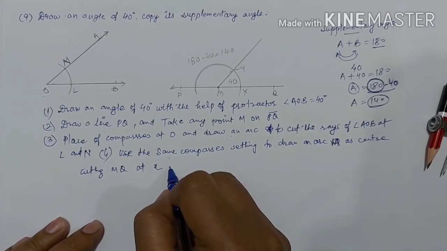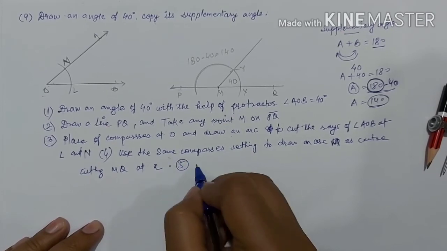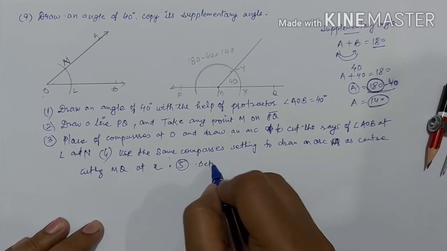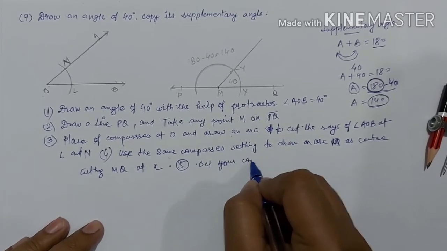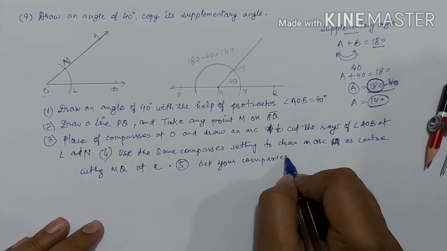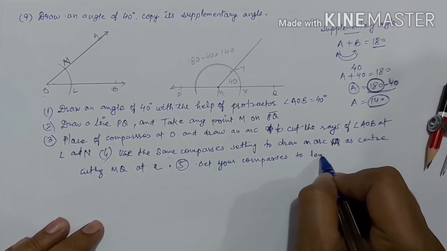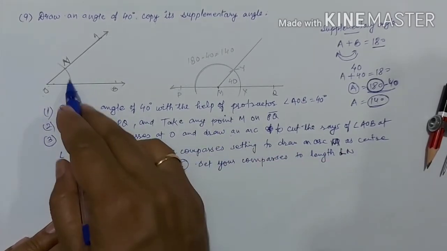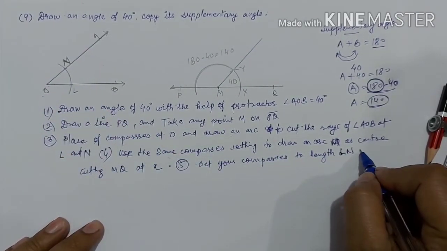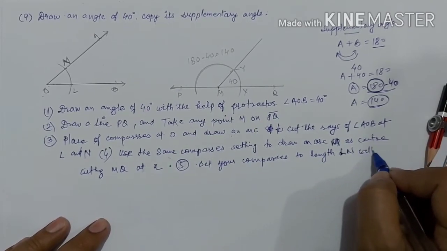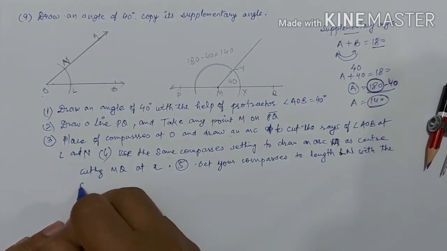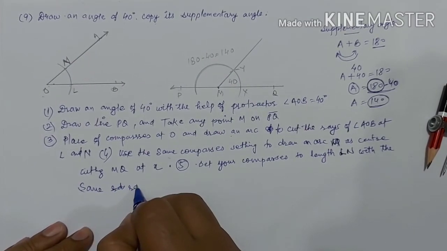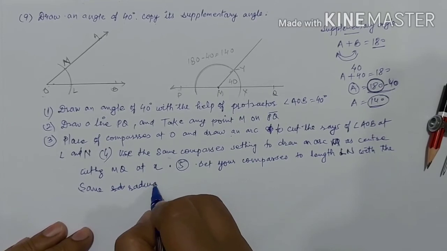Okay, and fifth point, now measure the distance LN. So now set your compass to length LN with the same radius.